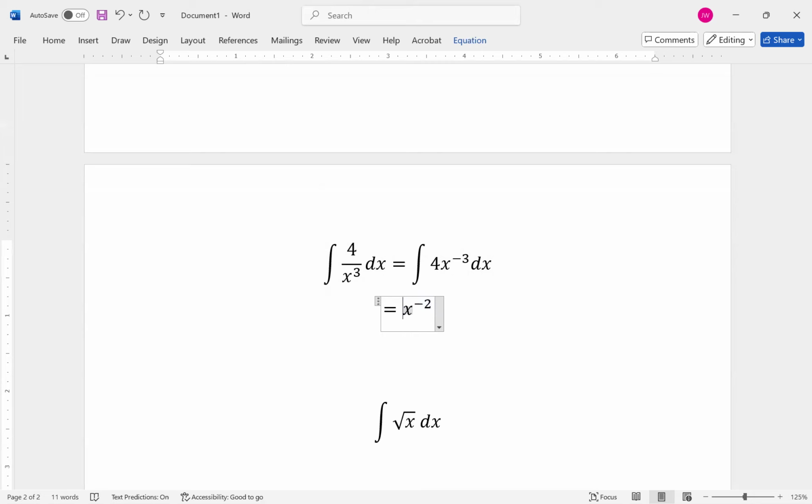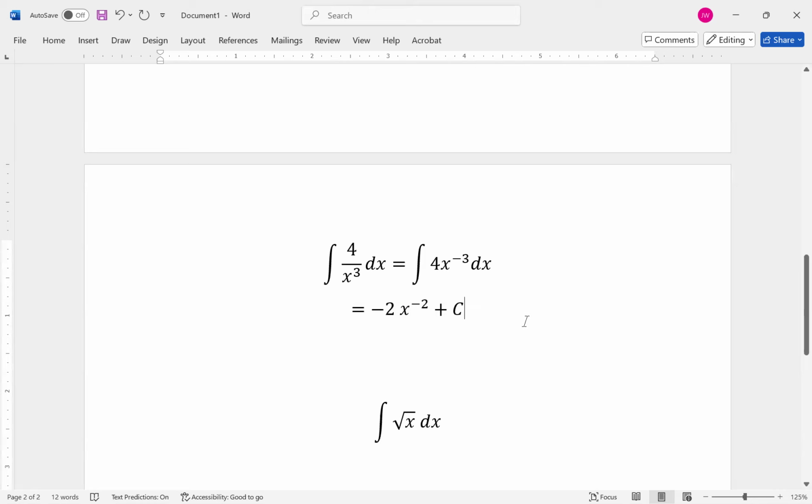Be careful about that. When you add 1 to negative 3, you get a negative 2. And then 4 divided by negative 2 is negative 2. That's the only term, so I just tack on a plus c, and I am done. So I get negative 2 times x to the negative 2 power plus c.